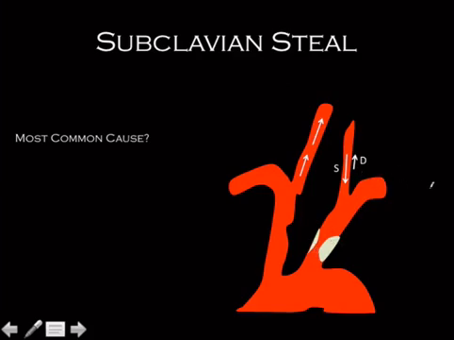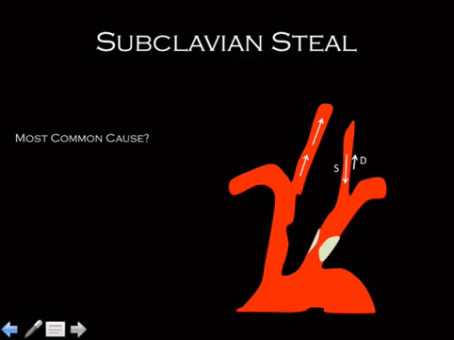So this part of the body over here still needs blood, and because of that, the subclavian is stealing out of the vertebral. During systole, and then in diastole, it's passively sort of going back up.